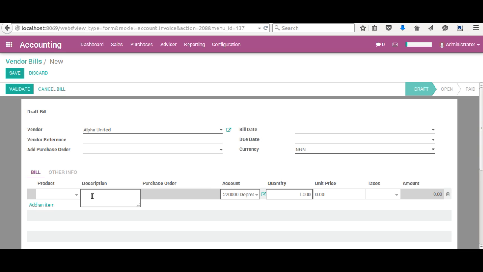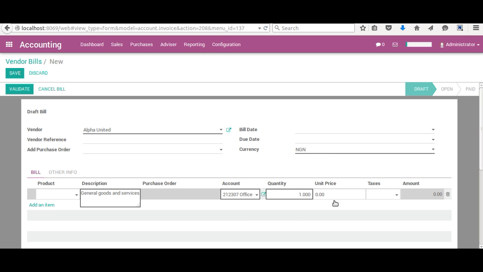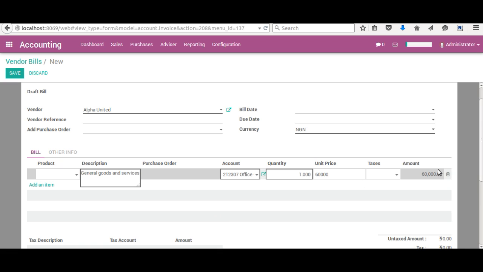Okay, general goods and services. Okay, let's just say office consumables. Okay, and the price amount is 60,000. Now, because maybe we should just even add VAT on that. So I'm going to add a 5% VAT.